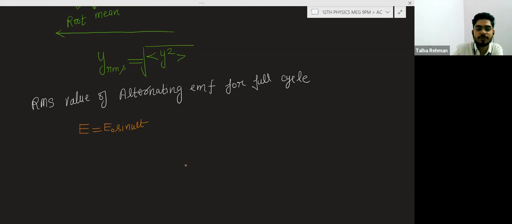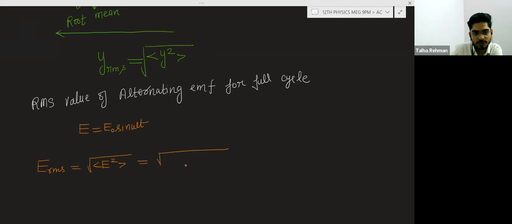You have to calculate E RMS. So first you will do the square, then you will take mean, then you will take the under root.